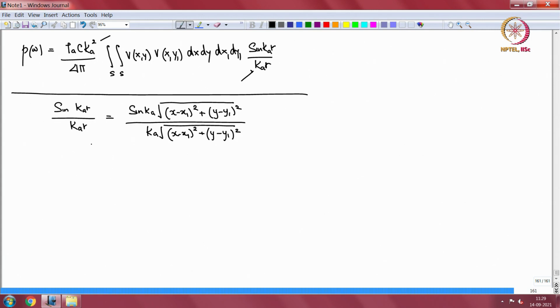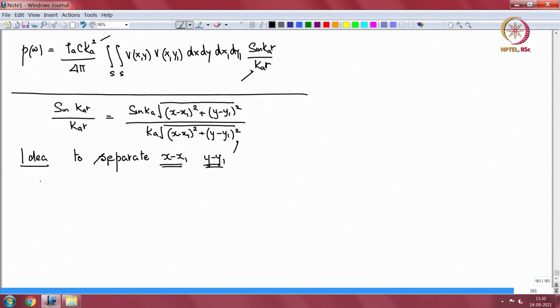So, how do we use this? See, Majdanik's main idea here at this stage was to separate the x minus x1 type term from the y minus y1 type term. They are both of them caught up under this square root. He wanted to separate the two. So, how does it happen?